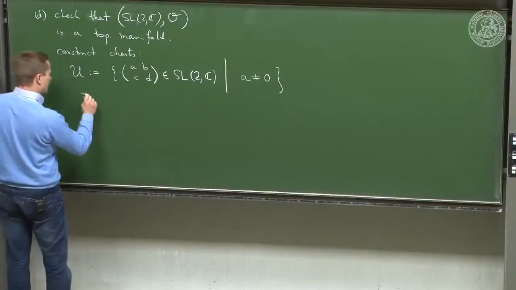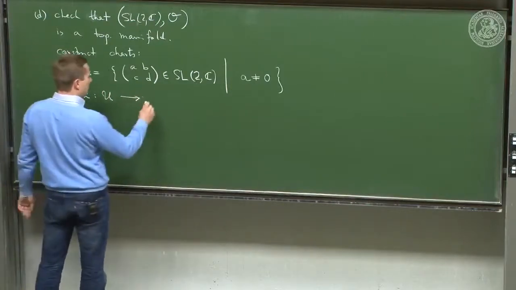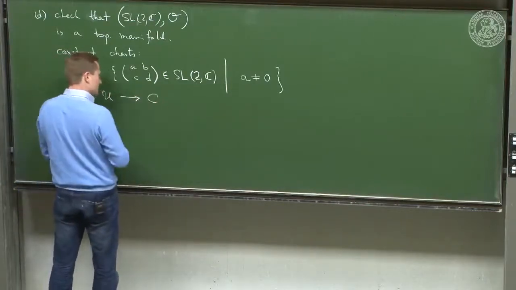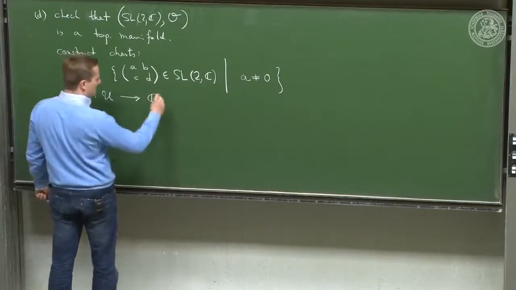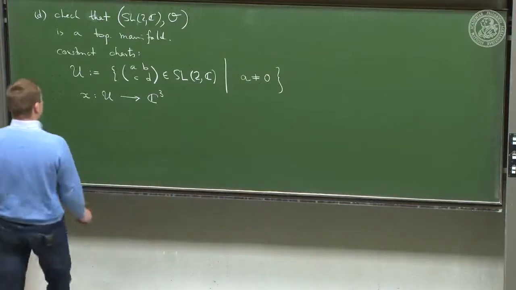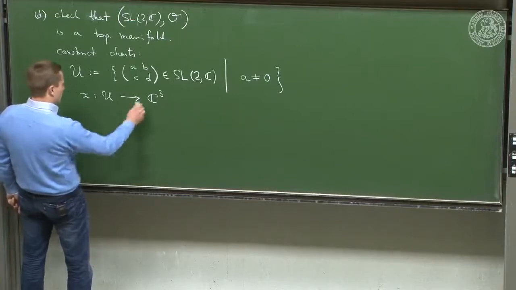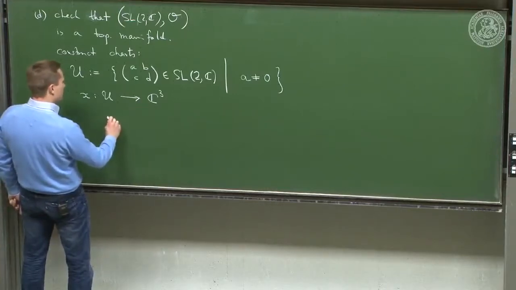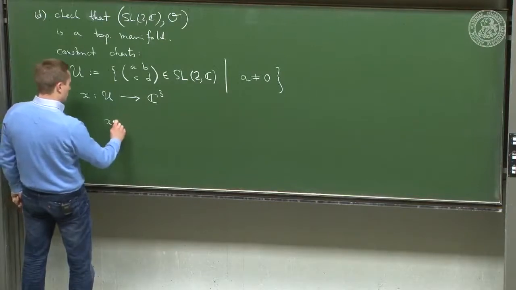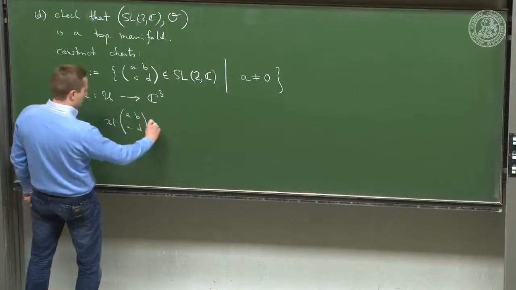Now I look at the chart map, which I call X. X is supposed to go from the chart domain down to, and let me see whether my intuition is right here, C3. So our charts are C3 charts. I take an element in U and map it by X. It's a bit funny notation, but let's be precise here.